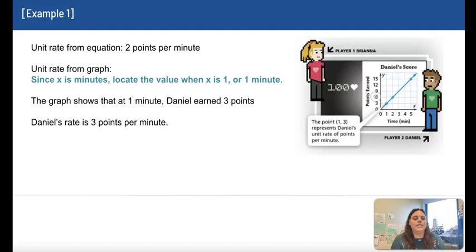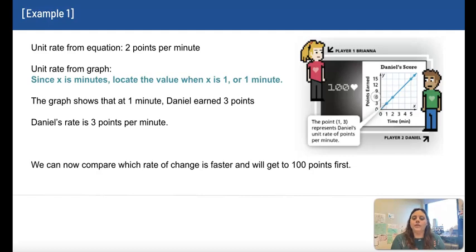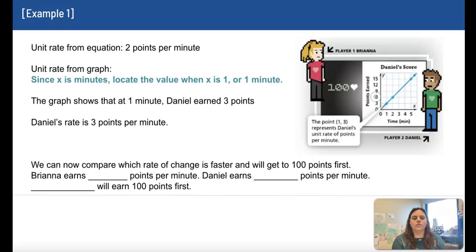So that means that Daniel's rate is 3 points per minute. Now we can compare which rate of change is faster, and we'll get to 100 points first. Remember, Brianna earns 2 points per minute. Daniel earns 3 points per minute. The person that earns more and will earn 100 points first is Daniel.